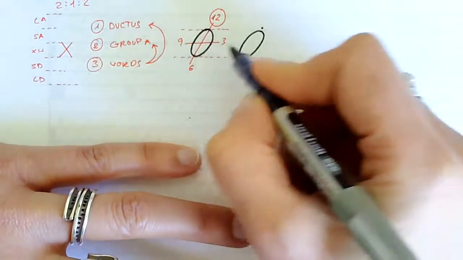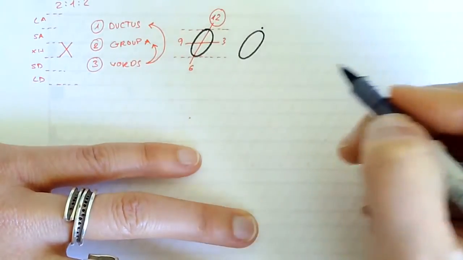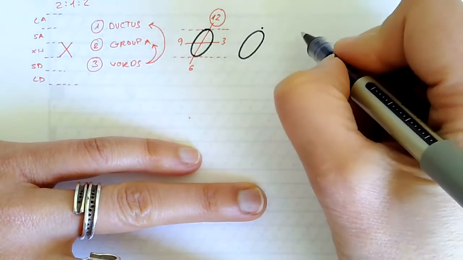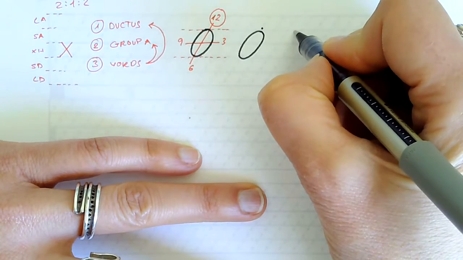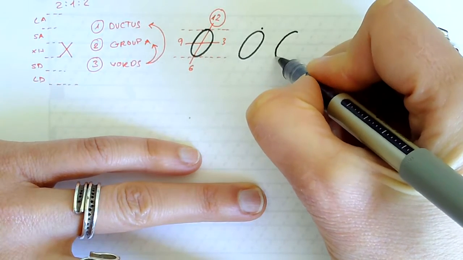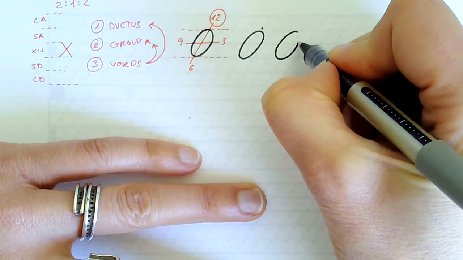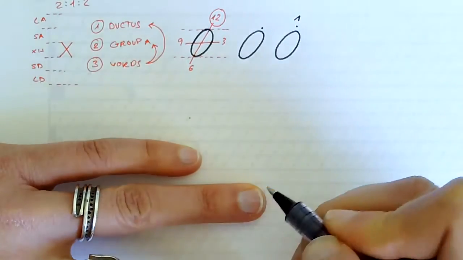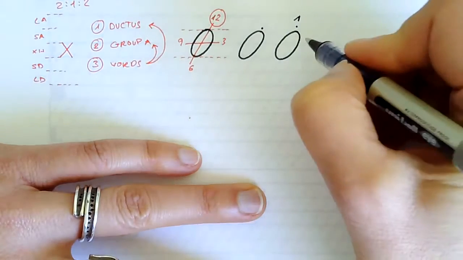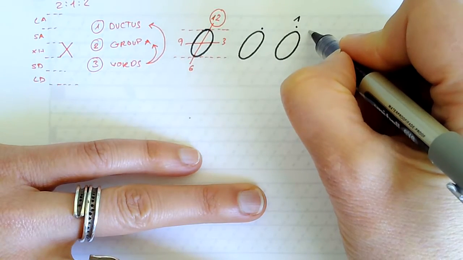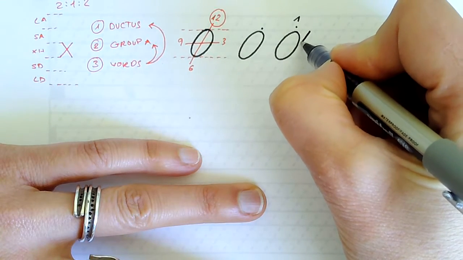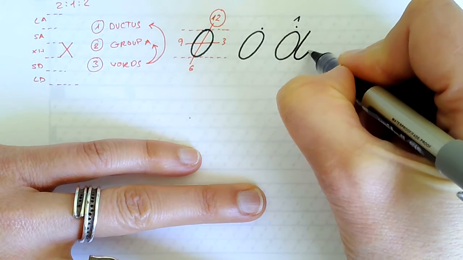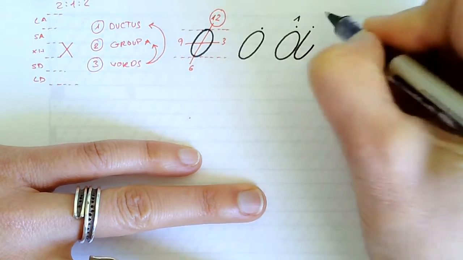If I follow the ductus of 12 o'clock to create letter A, I need 2 movements. The first one is exactly the same as my letter O because it's based on the same shape. Number 1 is here. Then number 2 starts at the top, goes down, touching the side of the oval and creating an exit.